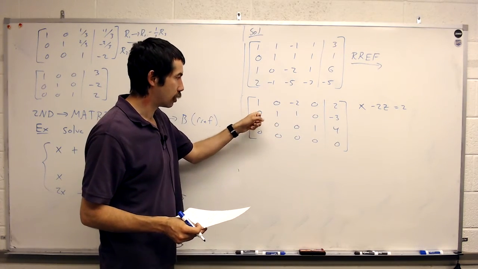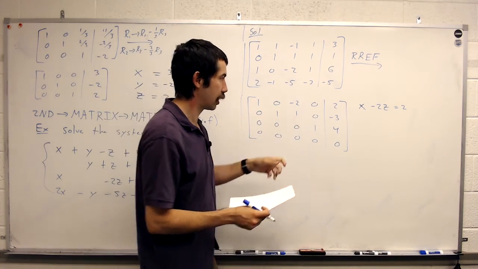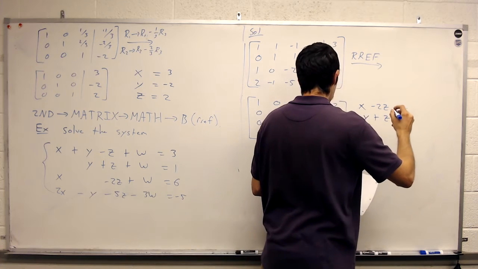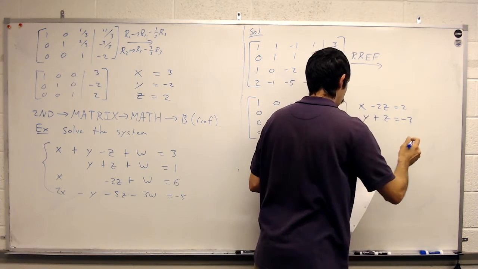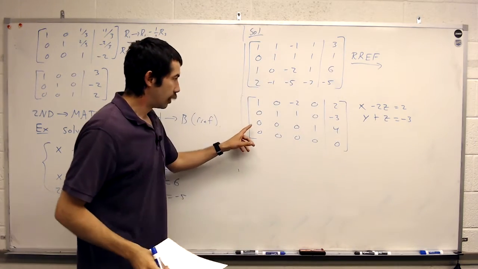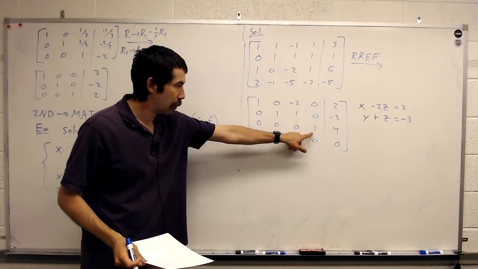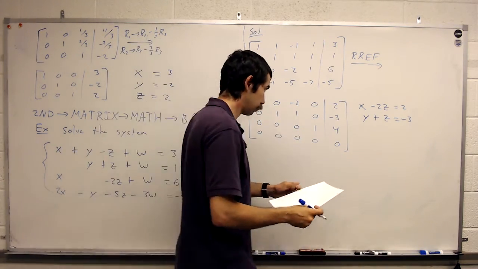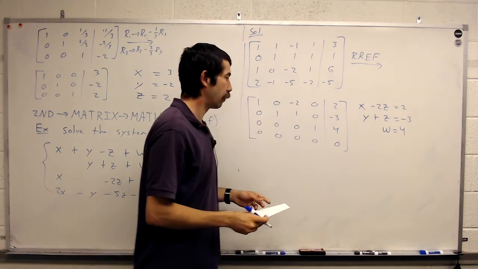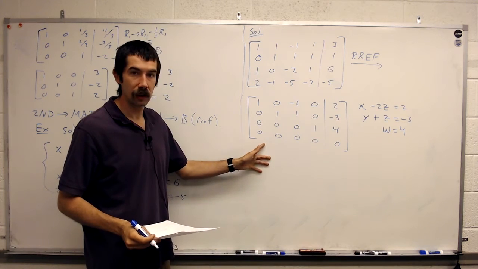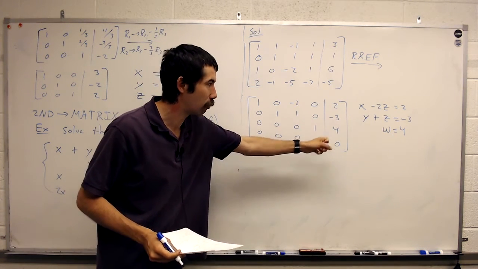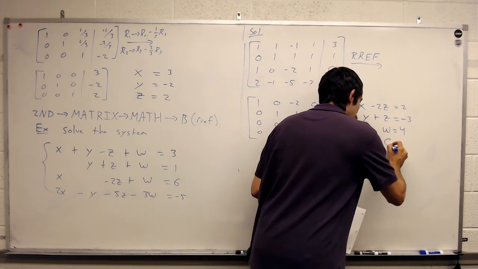The next row, 0x, y plus z equals minus 3. This next row says that w equals 4. And the final row says 0, right? 0x plus 0y plus 0z plus 0w equals 0. That's giving us no new information.